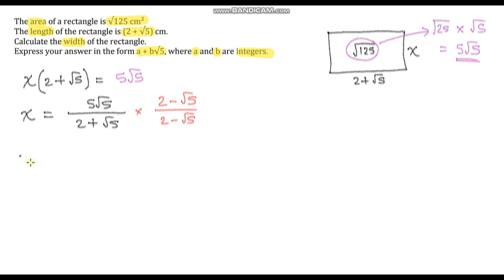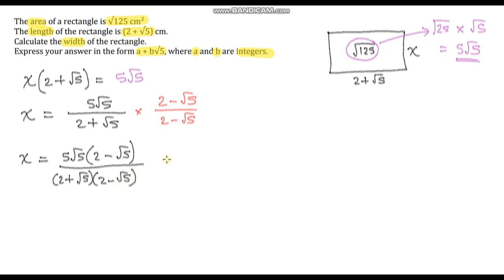So let's do another line. So in the numerator, well, we've got 5 root 5 multiplied by 2 minus root 5. And in our denominator, I'm just going to write the whole thing out. So we've got 2 plus root 5 times 2 minus root 5.